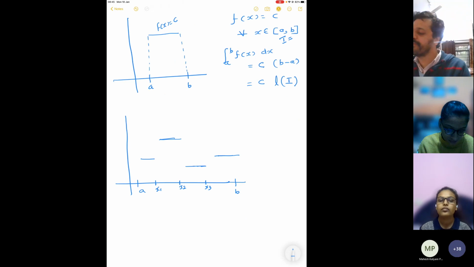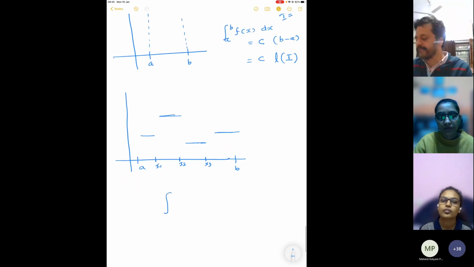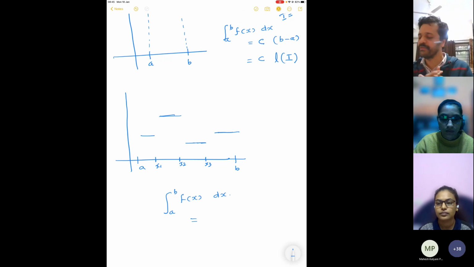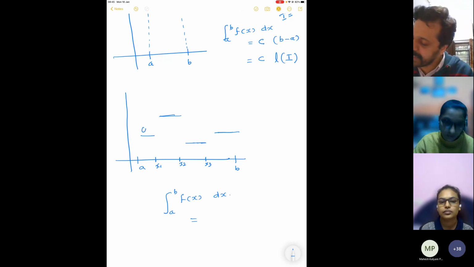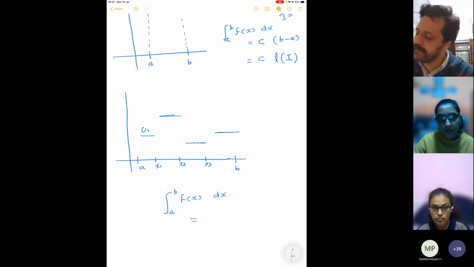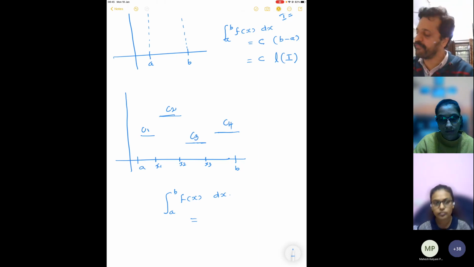So now you want to find the mass of this wire, or geometrically the area under the curve. What will you do? Suppose this piece has constant density c1, this piece has constant density c2, this piece has c3 and this has c4.